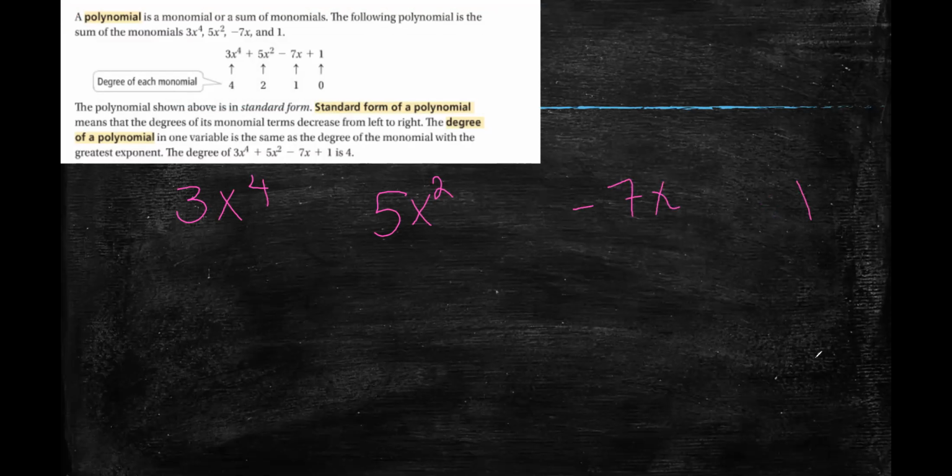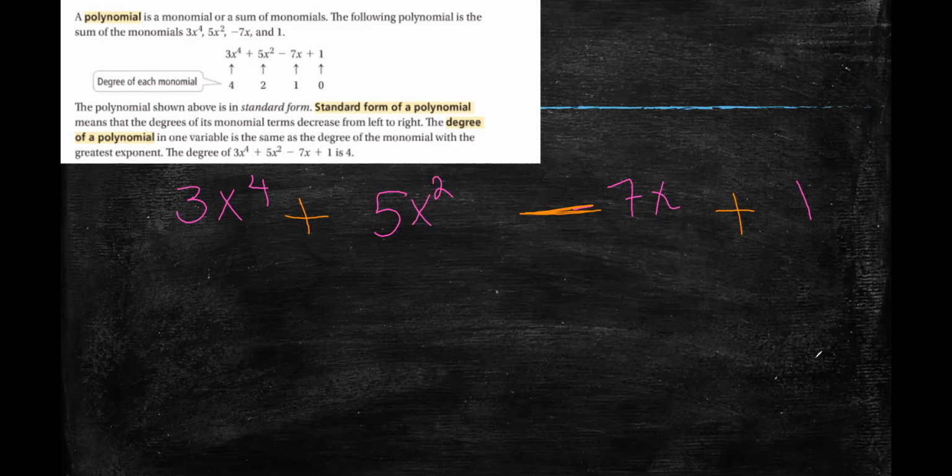And we said that a polynomial is adding or subtracting monomials. So if you're adding them or subtracting them, you will have a polynomial. So 3x raised to the power 4 plus 5x squared minus 7x plus 1 is a polynomial.